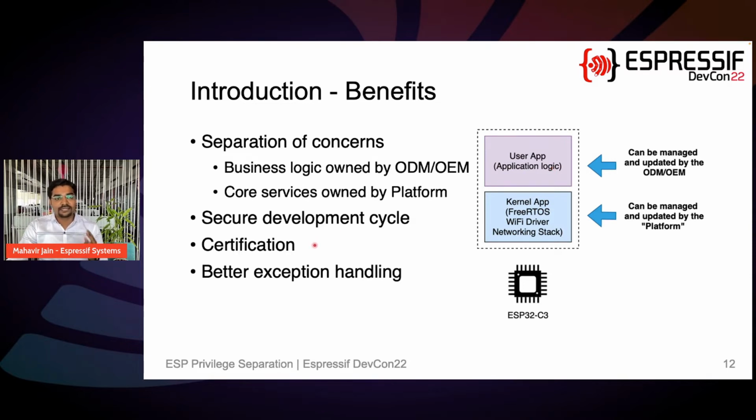The third important advantage is certification. If there is any modification in the user application part here, then we may not need to go through the entire certification process, which is required for some of the frameworks or the products. So it would help in certain scenarios where the protected application is not being modified.